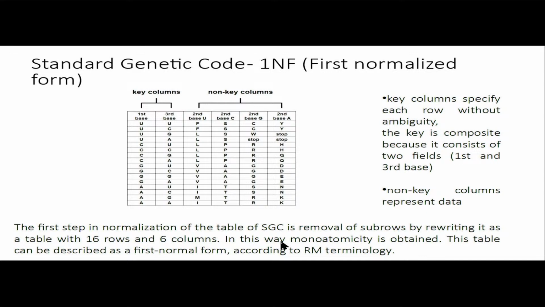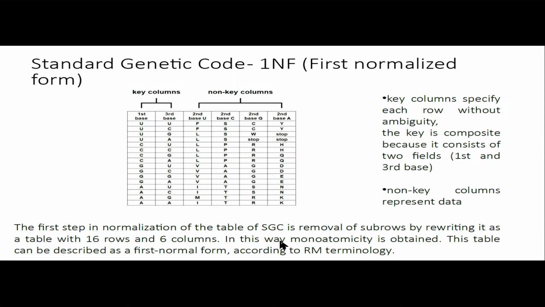The first step is a normalization of the table, which means that we have introduced, to obtain the relational first normal form, key columns, that's the first and the third base, and non-key columns, which is the second base and contains attributes or data, in the context of amino acids. Stop codons can also be treated in that way.